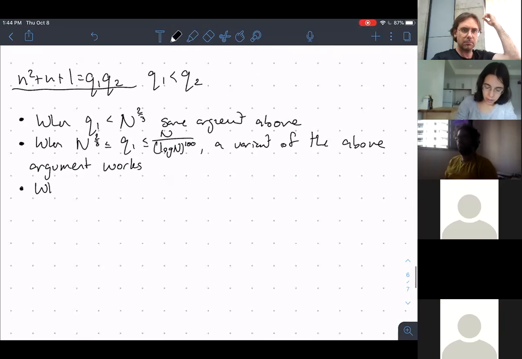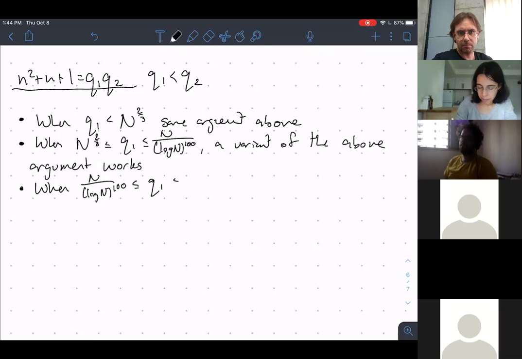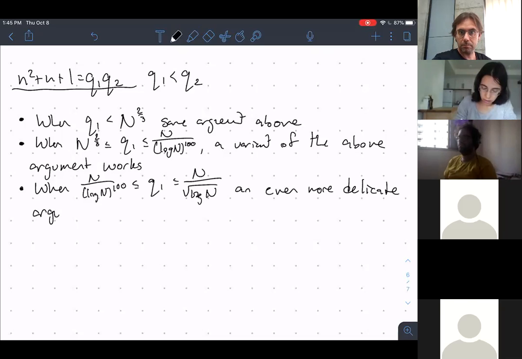But then when Q1 can range all the way up to n divided by the square root of log n, you have to be even more delicate.